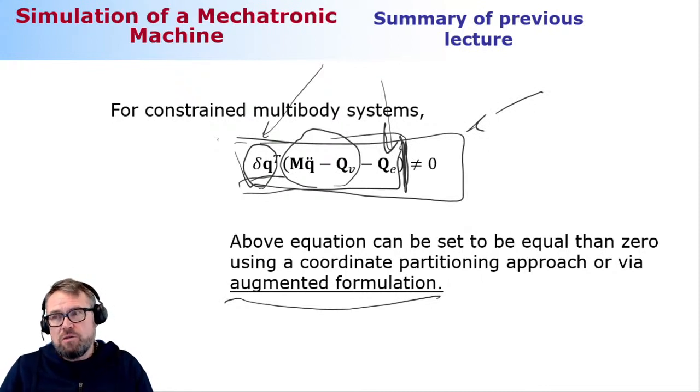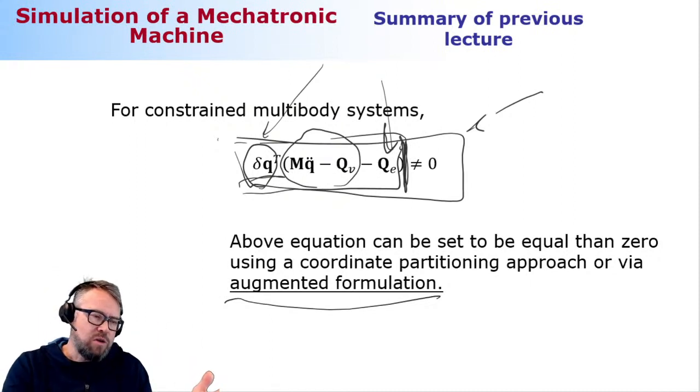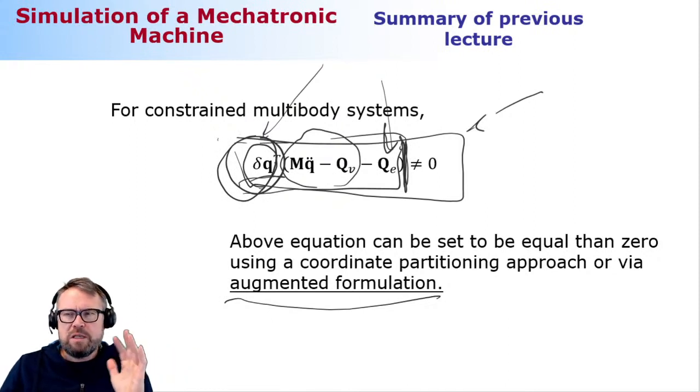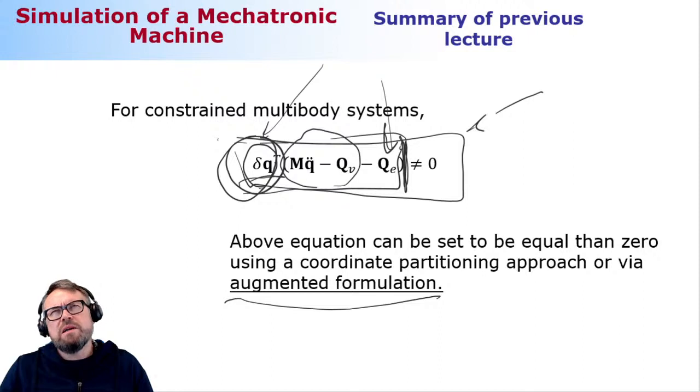Alternatively, we could set this virtual displacement, which has become a bit messy, such that it is kinematically admissible. I will explain that after the midterm exam, and then you can set this equation to be equal to 0. I think that entire procedure is called the coordinate partitioning approach. I'm not sure how much detail I will go into with coordinate partitioning. Maybe it's going to be a short news flash to you. I need to think about that.